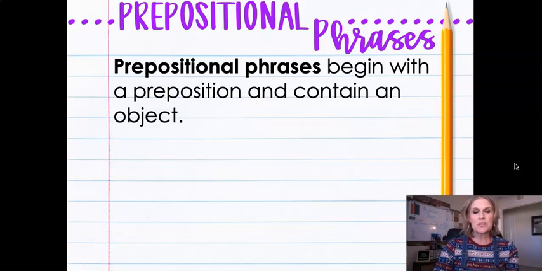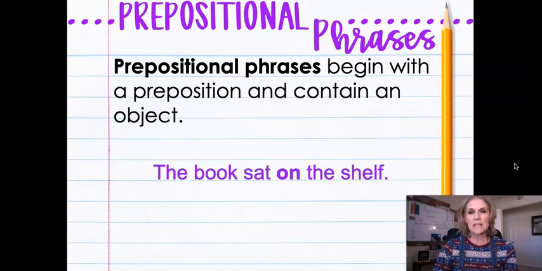A prepositional phrase always begins with the preposition, and it always contains an object. It always starts with the preposition and ends with the object of the preposition. Here's another example. The book sat on the shelf. On is the preposition. On what?